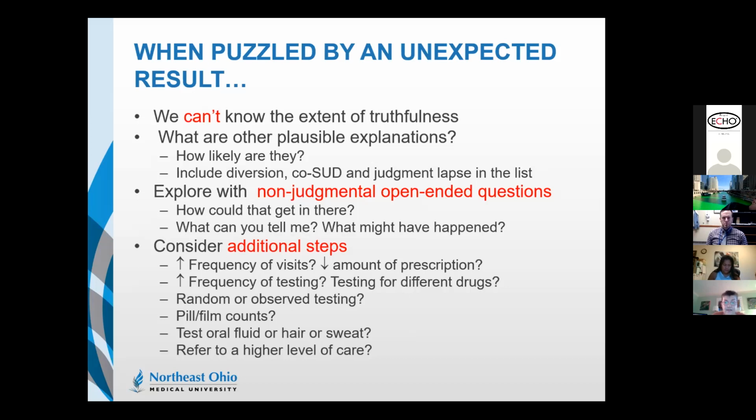Increased frequency of visits, shorter prescriptions, more testing for different drugs, testing to confirm that that unexpected positive really is a true positive. This is the time when we might include some more random or observed testing, pill or film counts, testing a different matrix, or referring to that higher level of care, if there's one available, where the patient generally will have more supervision and more psychosocial interventions.